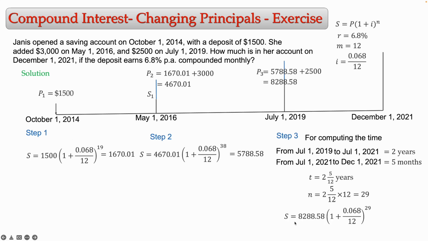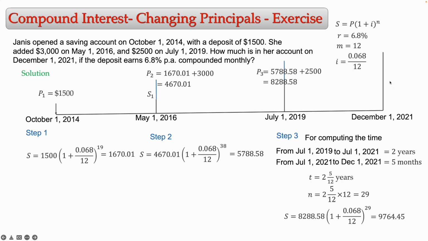So let's do it. S equals 8288.58, that was the principal. 29 is now N, and we have the same interest. Use your calculator as the way we did it before, and notice that the answer is 9,764.45. This is the amount that she's going to have that day in her account.